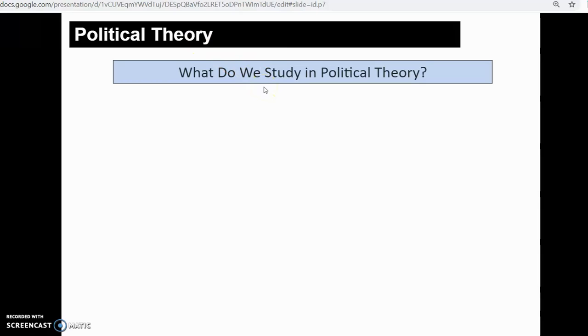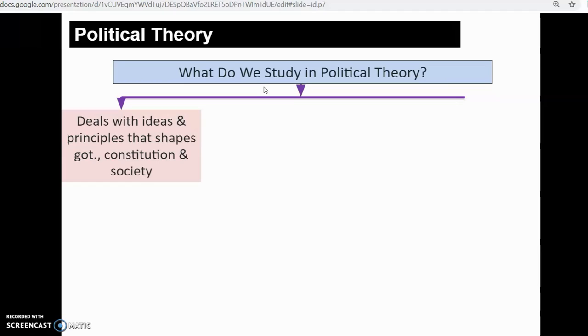So considering these two points, we can say that political theory is something concerned with the welfare of society, right? It means what we are going to study in this subject is ideas or principles that shape our constitution, ideas or principles that shape our society, right?